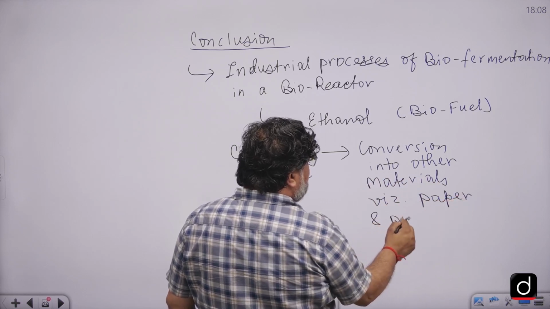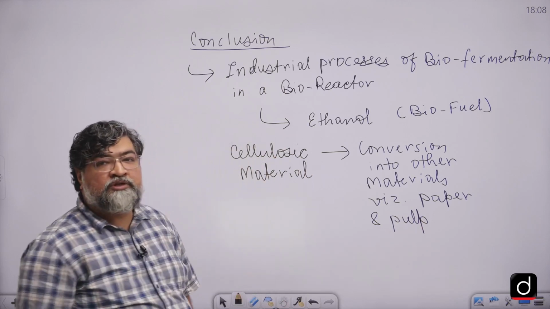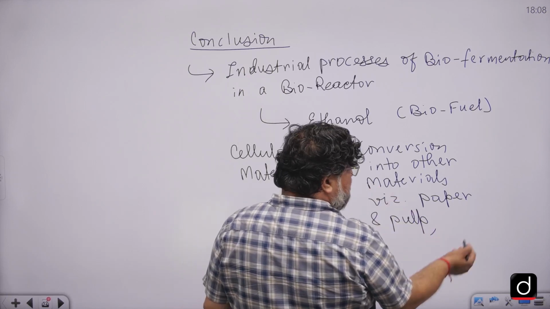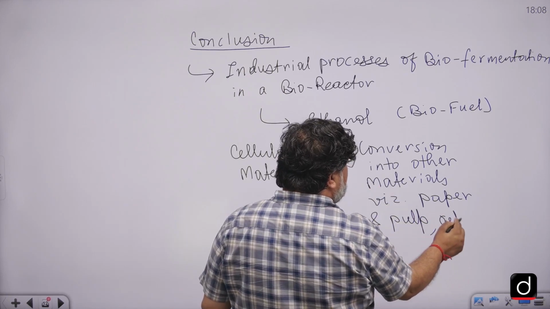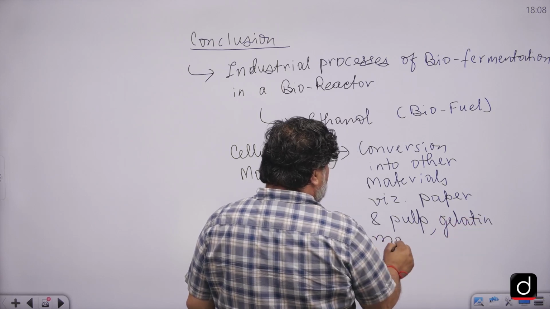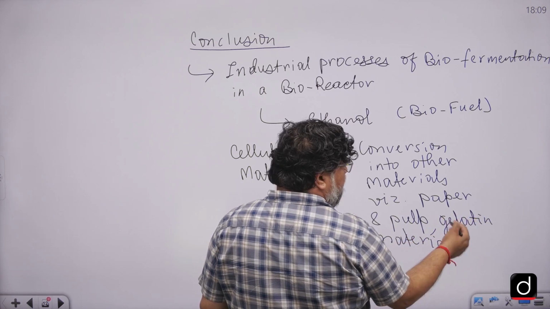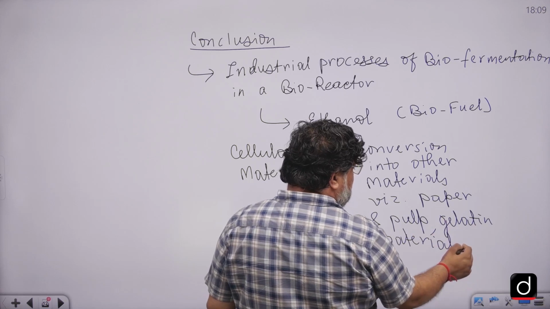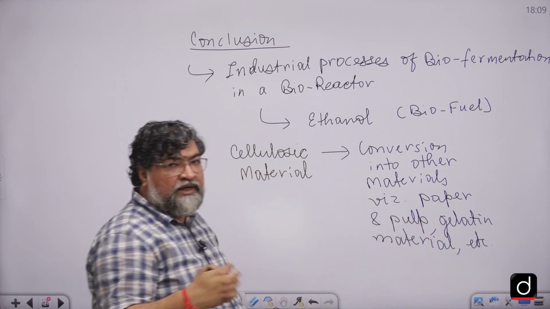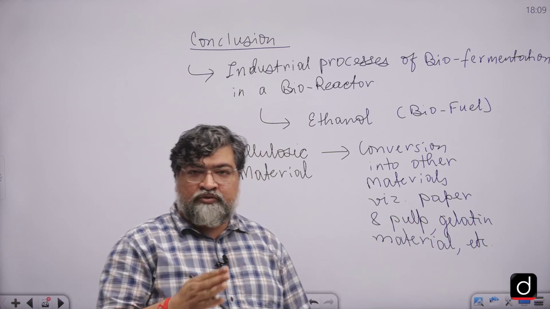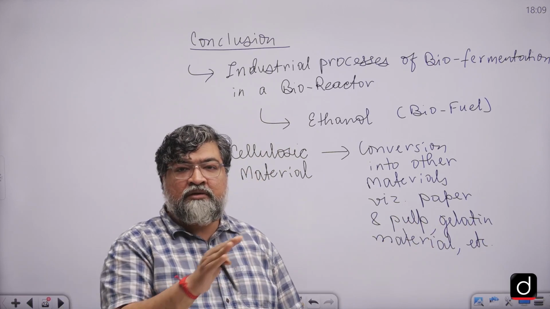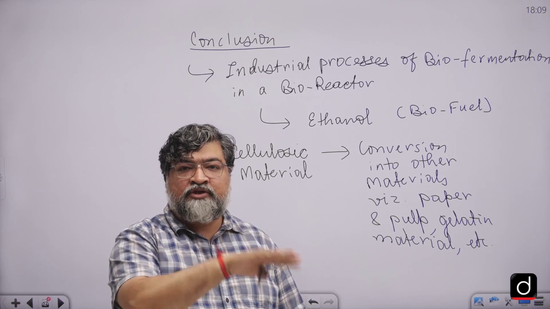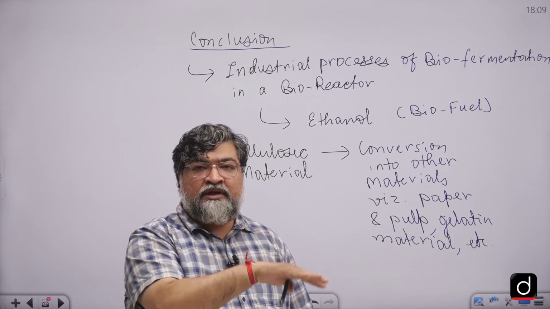Paper and pulp is a very good example where we use such a process. Or some other material, like gelatin material. Or we can convert it into some value-added medicinal material. So the same thing plants can do, we can also try through research, through chemical synthesis or chemical reactions, or using biotechnology methods, biotransformation, enzymatic processes using enzymes, into many other valuable products.